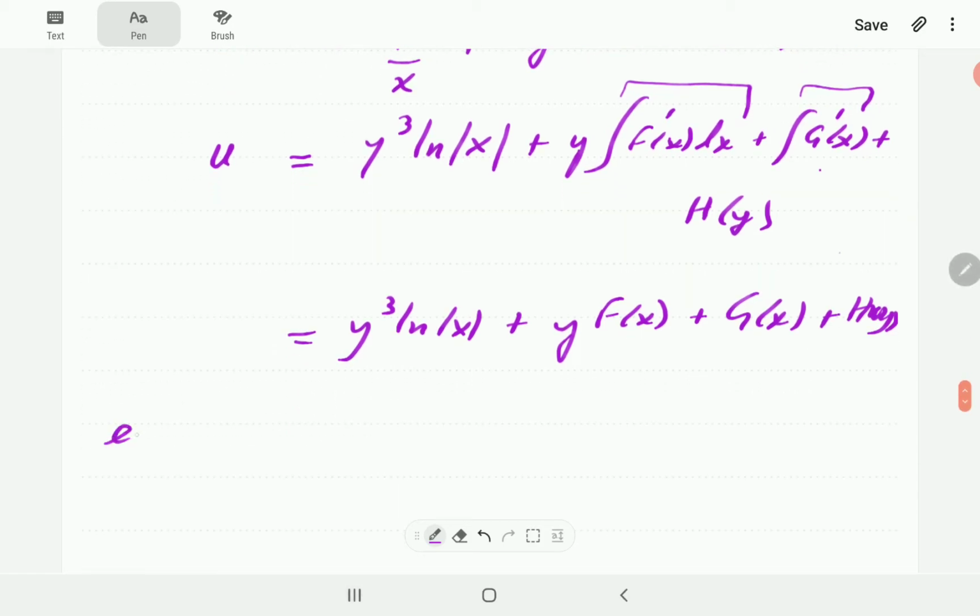Then in D, we have u_yy plus 4u equals to 0.